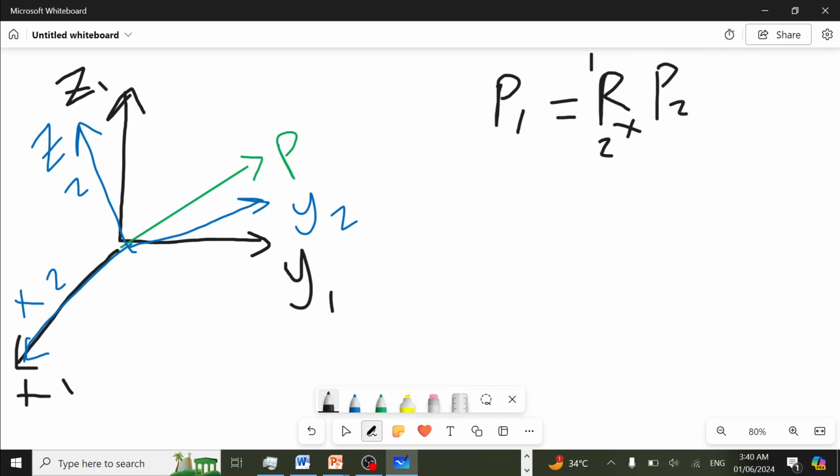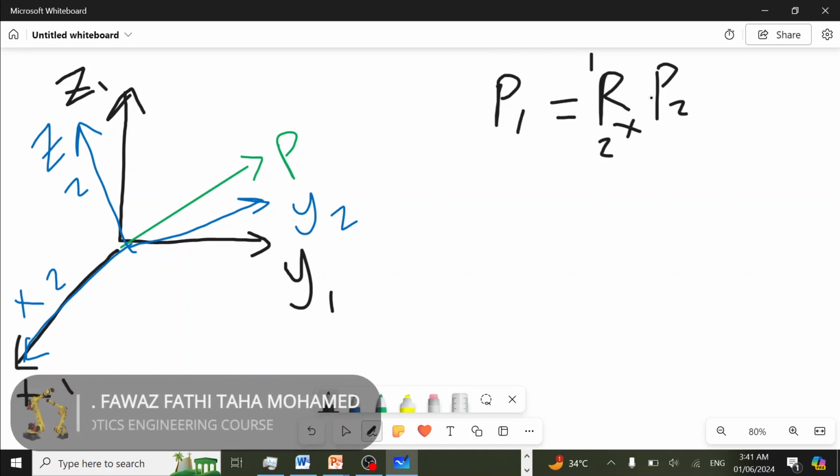Because this vector can be represented in frame 2 or in frame 1. So this vector B1 can be represented with respect to the vector in another frame, in the next frame. Nice.